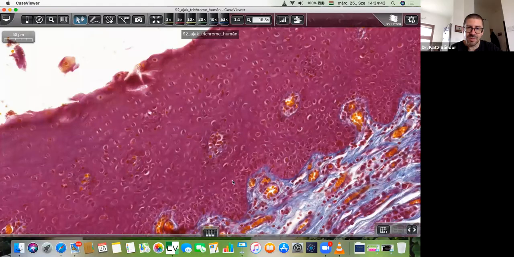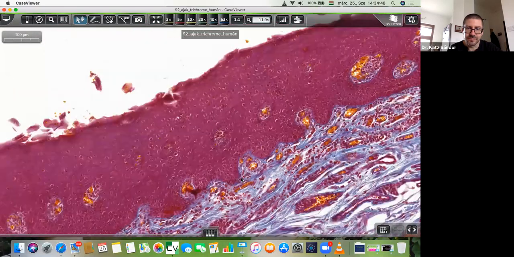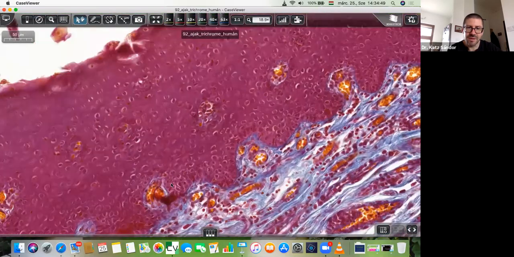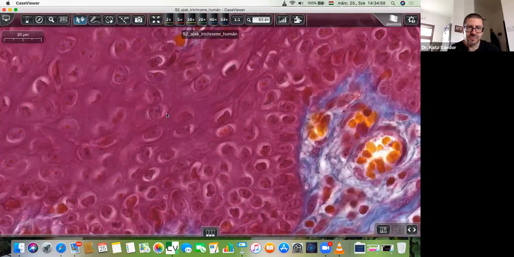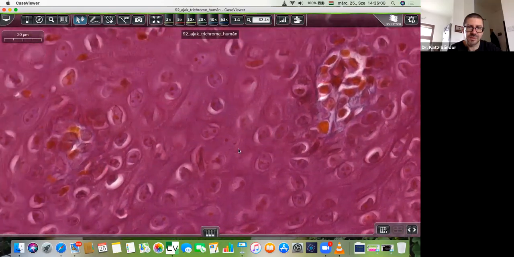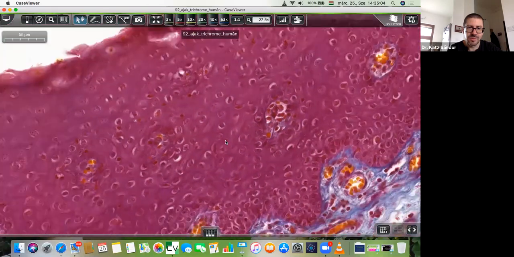We have a really prominent stratum spinosum layer, and at the bottom we can find the stratum basale cells, and then the stratum spinosum here.